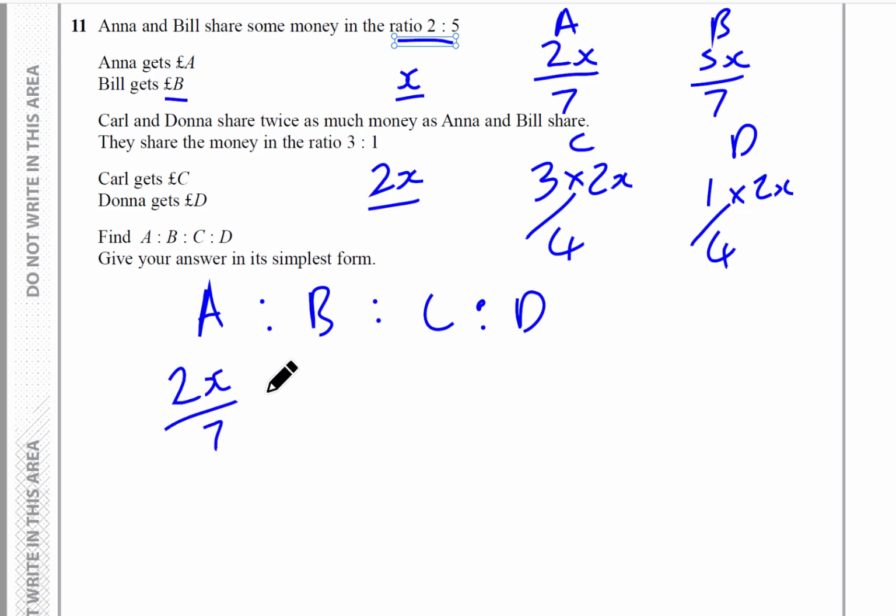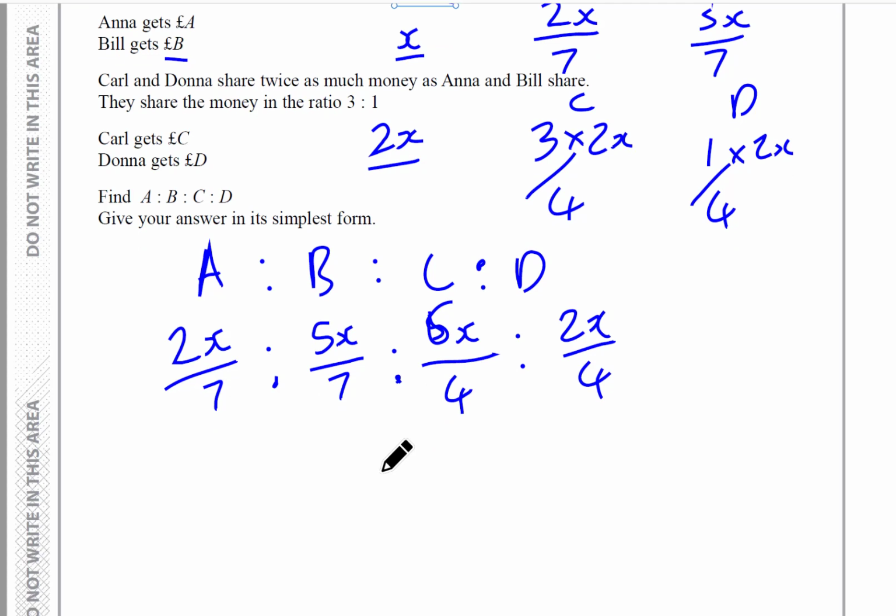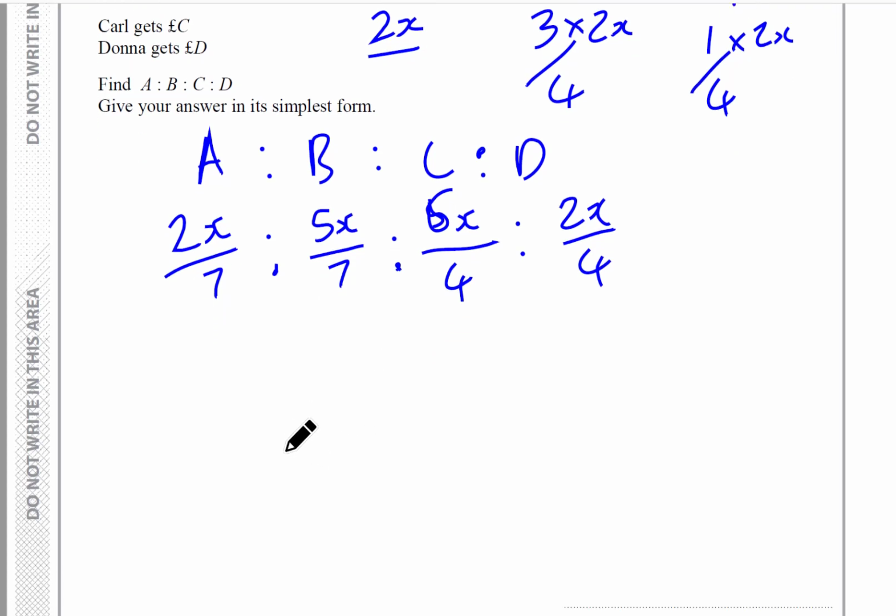That's 2x over 7 to 5x over 7 to, let's simplify that, 6x over 4 and these 2x over 4. We need to give it in our simplest form. So what would we do? Let's just multiply everything by 4 to get rid of that.